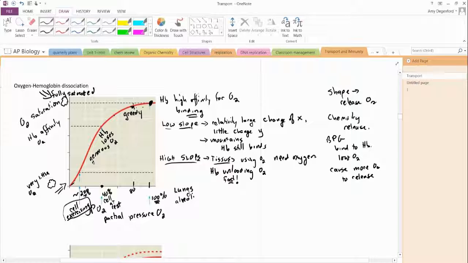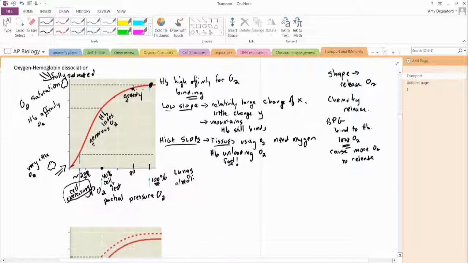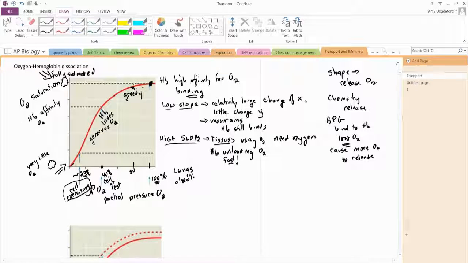And that's going to be really helpful for us because it means that there's going to be more oxygen released to the tissues. This happens at low oxygen levels. And so that is the basics of the oxygen hemoglobin dissociation curve.